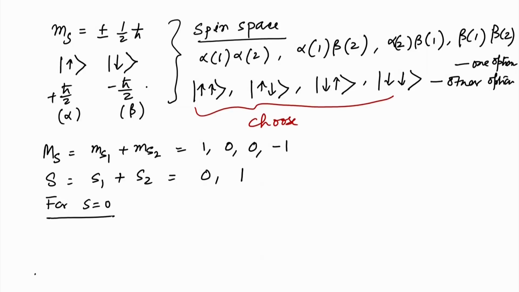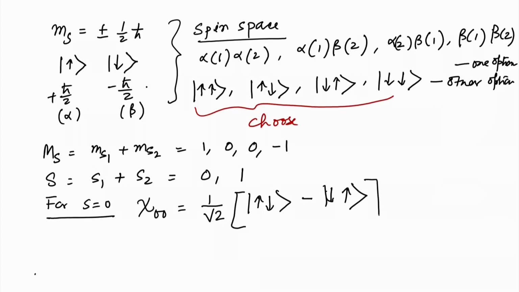For S equal to 0, there is just one eigenfunction, and let us write it in the form chi 0 0, which is equal to 1 over root 2 times up down minus down up. This is called a singlet wave function, and this is antisymmetric.